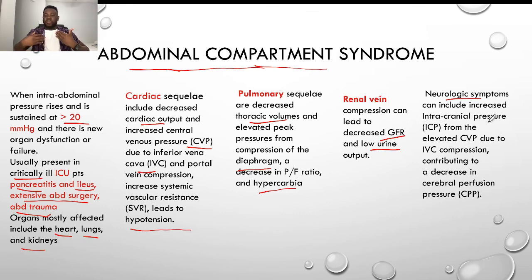So all the vessels that are draining from the head, the internal jugular, will all have pressure building on them, and that will increase our central venous pressure. Anytime there is an increase in the central venous pressure, it transmits into the brain and increases our ICP.